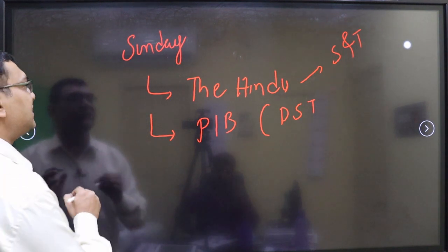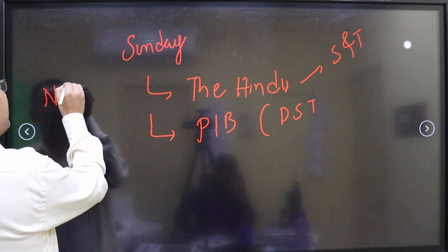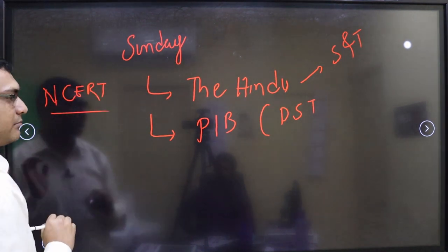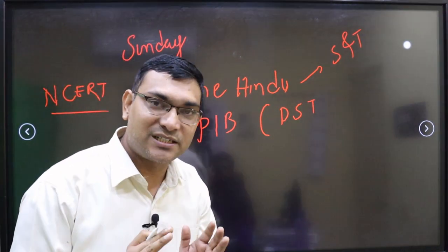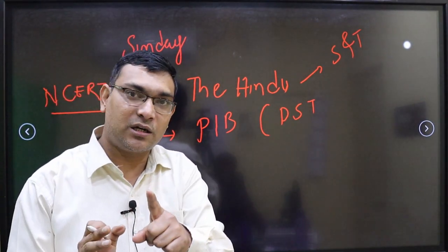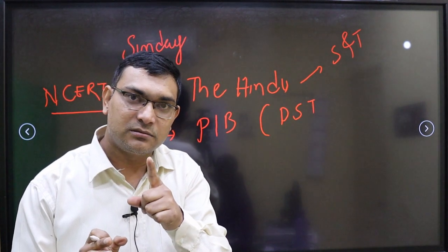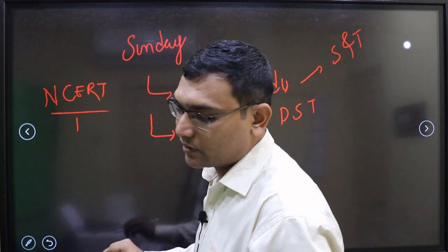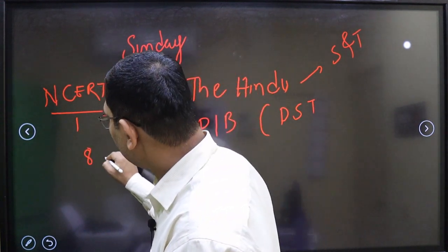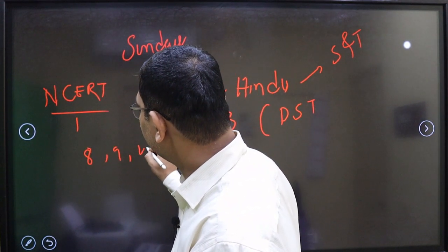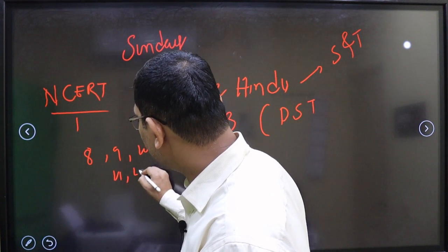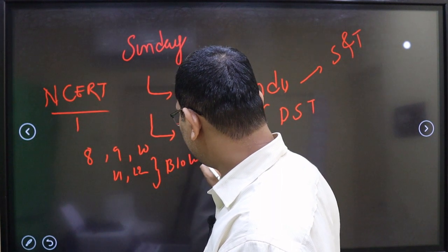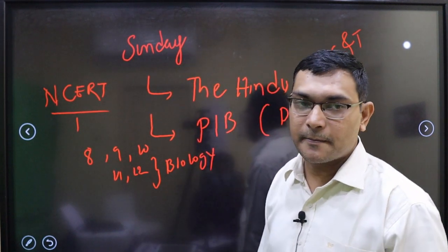Then, sir, basic NCERT. You have to read basic NCERT first. These are the basics, because I told you about reflection and refraction, which work in Li-Fi, yes or no? So this is a basic thing. NCERT of 8th, 9th, 10th, 11th and 12th, biology part, only the biology part we have to cover.